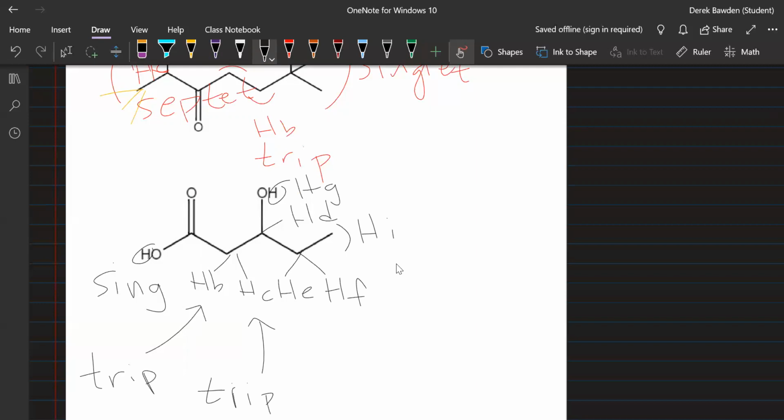Although it's within 3 sigma bonds, you can't go through an oxygen to count that as a neighbor. That's a trick you guys need to remember as well. So 4 neighbors. Yep, exactly. I know it's getting kind of confusing in here. HD will have 4 neighbors, which gives us 5 peaks, which is called a quintet.